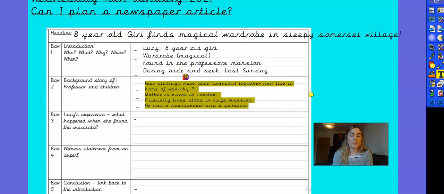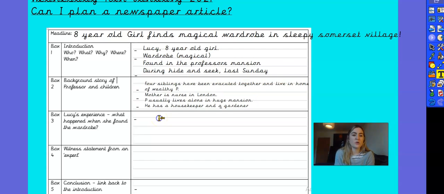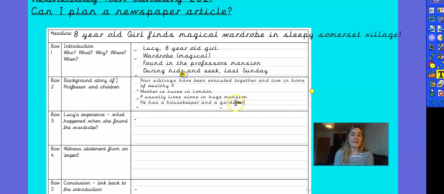Okay, so that when we come to talk about the wardrobe, people might be thinking, I wonder why they've never noticed this wardrobe before. Okay, perhaps we might also say where exactly this mansion is.